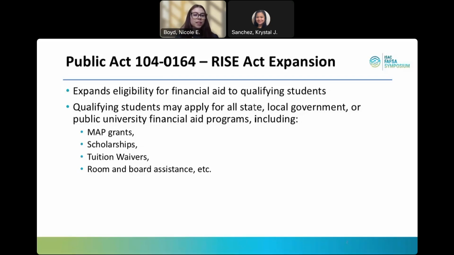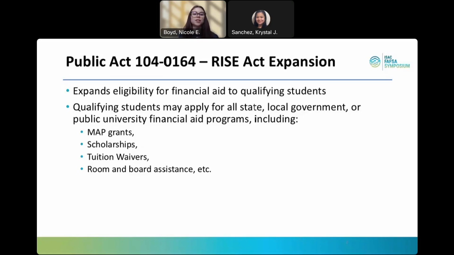And then more recently, we saw the passing of Public Act 104-0164, and this expanded the RISE Act. So it expands eligibility for financial aid to qualifying students. It expands these students who are considered eligible for the RISE Act.